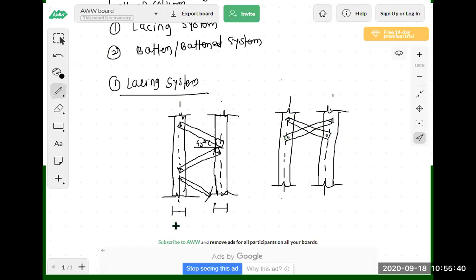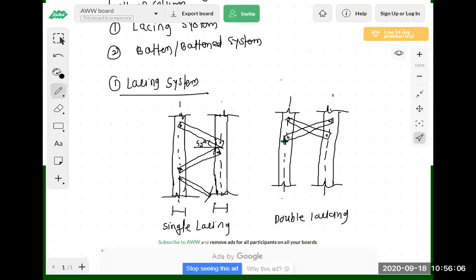So this is the single lacing system, and this is a double lacing. It means these two flats we can connect either by a cross, or in this way, single.